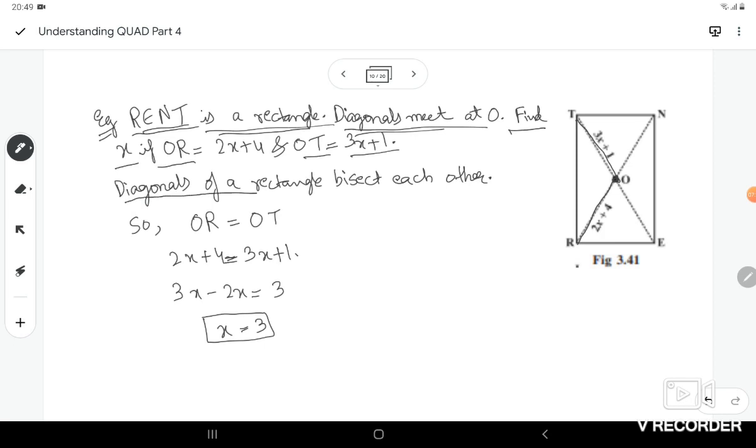We know that diagonals of a rectangle bisect each other. So OR would be equal to OT, which gives 2x plus 4 equal to 3x plus 1. This gives 3x minus 2x is equal to 3. And finally the value of x comes out to be equal to 3.